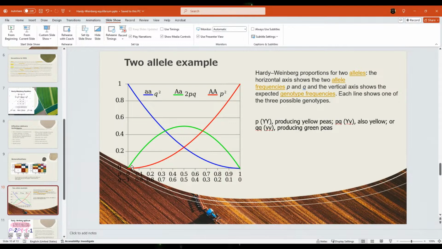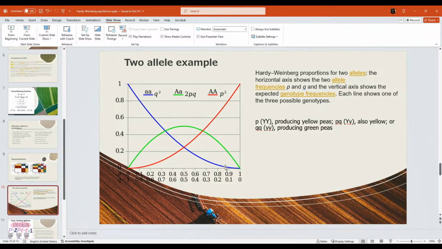Now notice this graph, which is trending toward the combined trait, is a bell-shaped curve. This one is a parabola because p squared, y equals x squared, is a parabola. So this is a parabola going this way, and this is a parabola going the opposite way, a downward parabola.